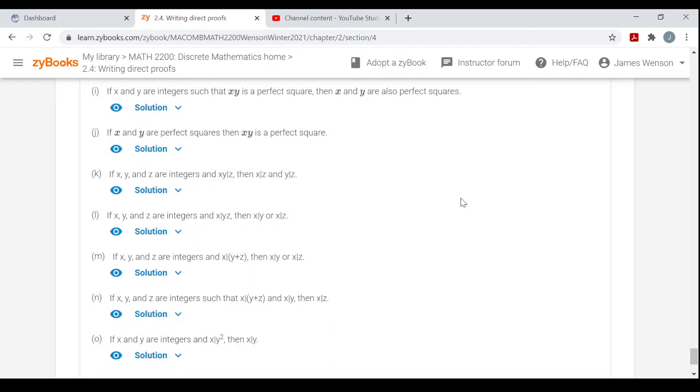Every time a new variable is introduced, you let the reader know what it represents. You have your steps and your reasoning, your statements and reasons and true statements, and they all follow from one another. You write in full sentences, and then once you're at the conclusion, you end the proof with some sort of symbol to indicate to the reader that the proof is over.